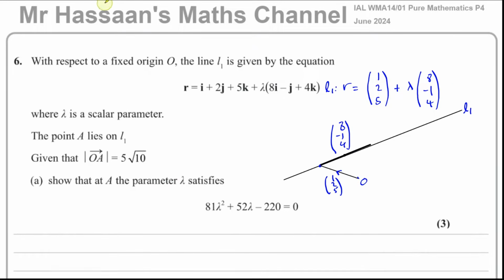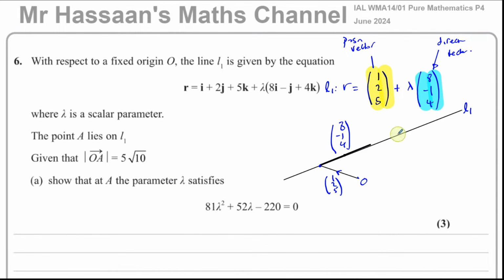The first part is the position vector of a point on the line, and the second part is the direction vector, multiplied by the scalar parameter. That's the makeup of the vector equation of a straight line.